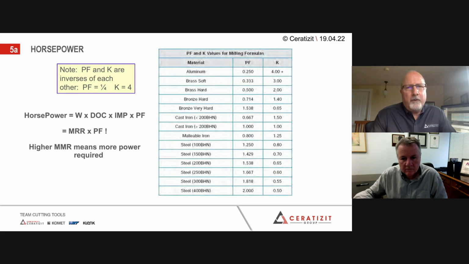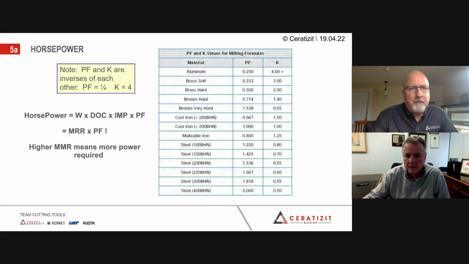Second of all, horsepower. So now you've adopted a high feed system, and you see that now you can get 20, 30, 40% more metal removal rate. You're also going to need more horsepower, because horsepower is your metal removal rate times a power factor. Now, power factor basically equates to the machinability of a material.